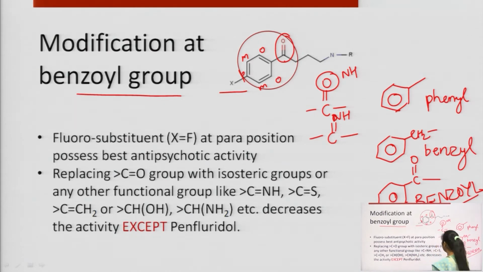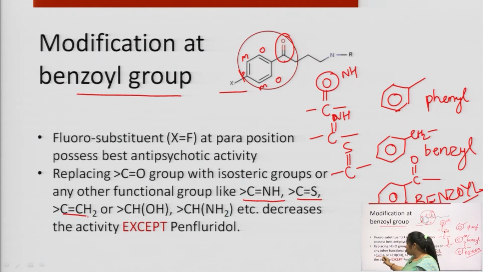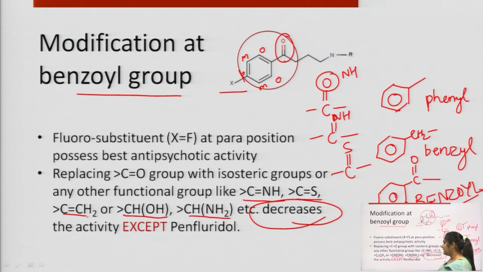Similarly, we can also replace this oxygen with a sulfur atom, so we would have C double bond S. In this manner, we can replace C double bond O with C double bond NH, C double bond S, or C double bond CH2, which is also an isosteric compound, or CHOH, CHNH2, but that will decrease the activity apart from a single structure, that is Penfluridol.